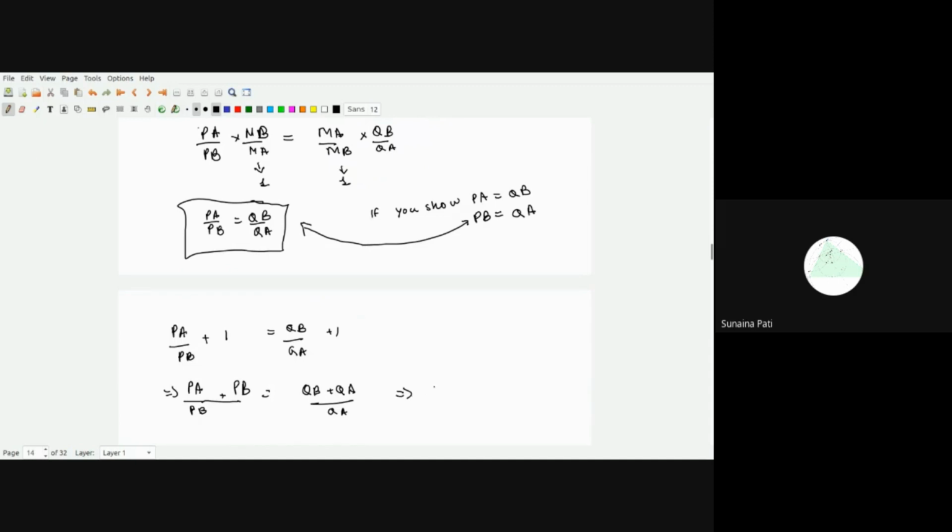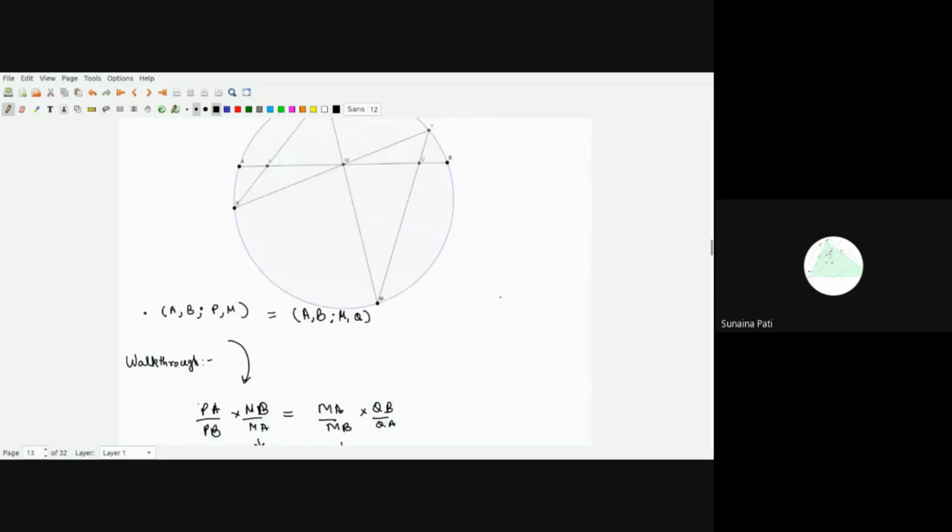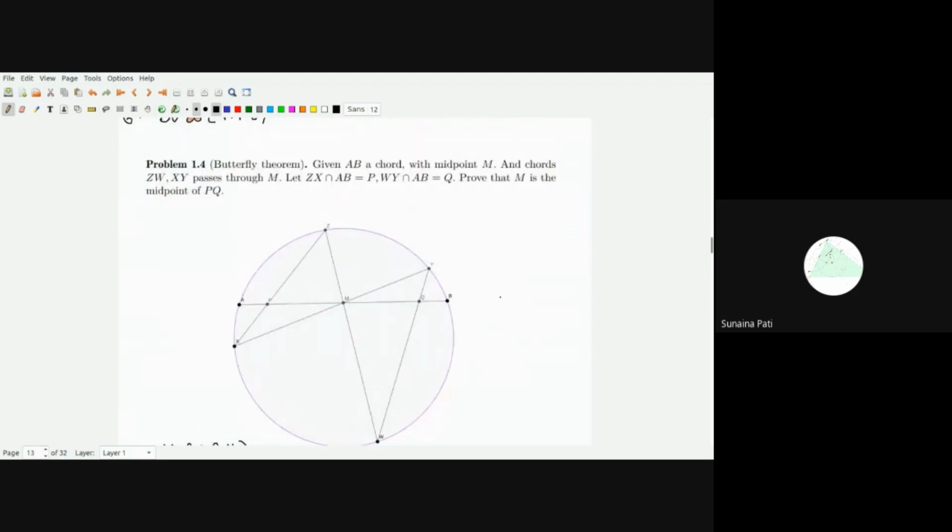This would imply that AB by PB is equal to AB by QA, and this would imply that PB is equal to QA. And this is how you prove the butterfly theorem using projective geometry.